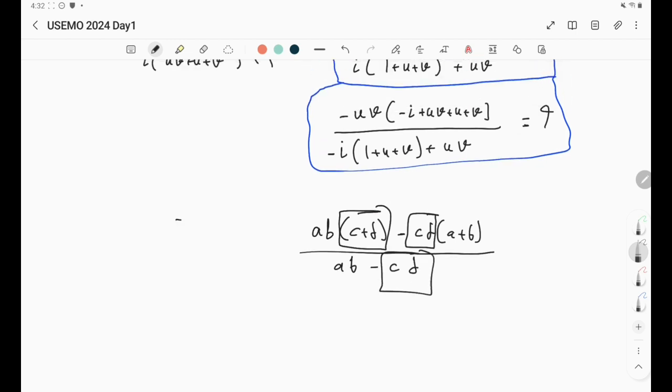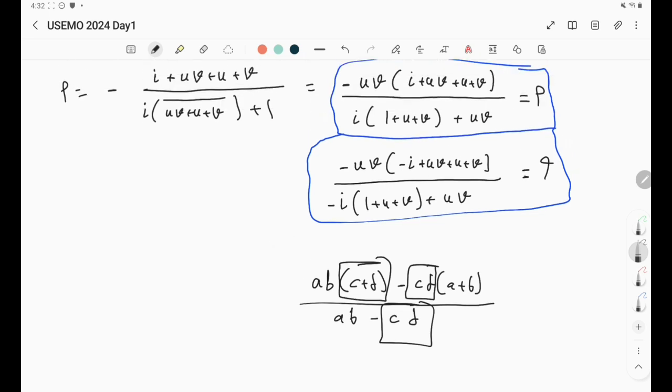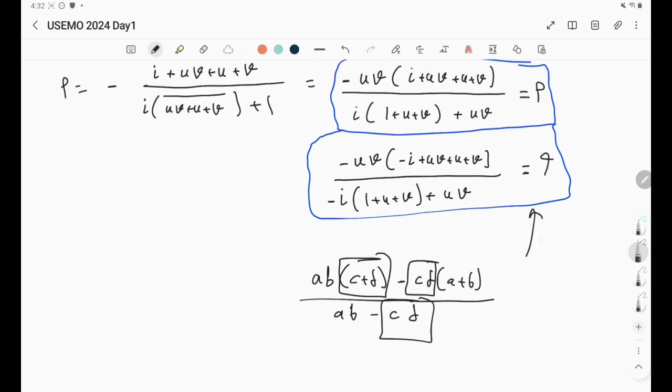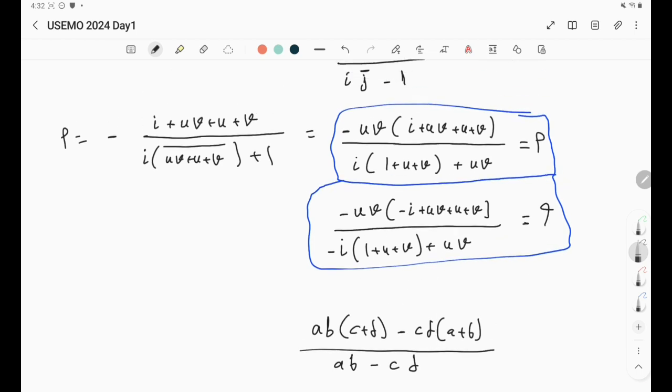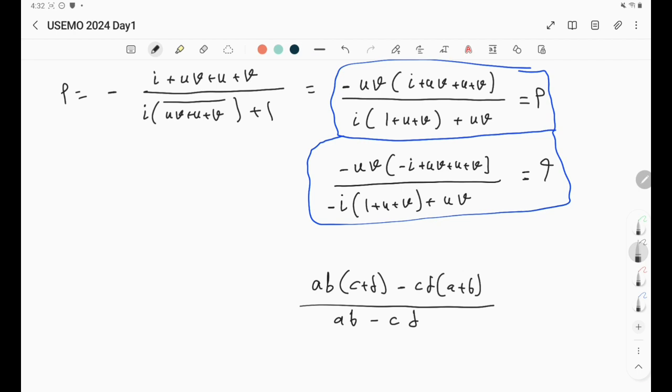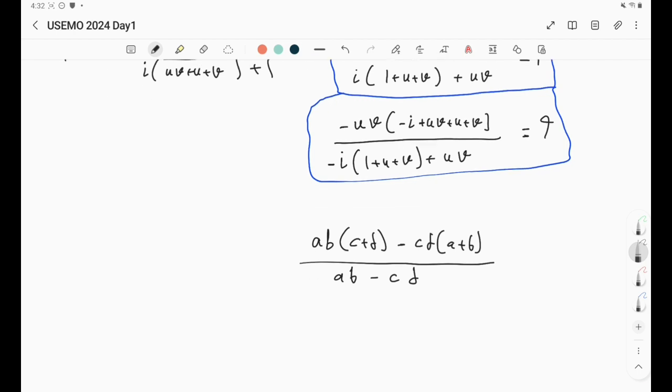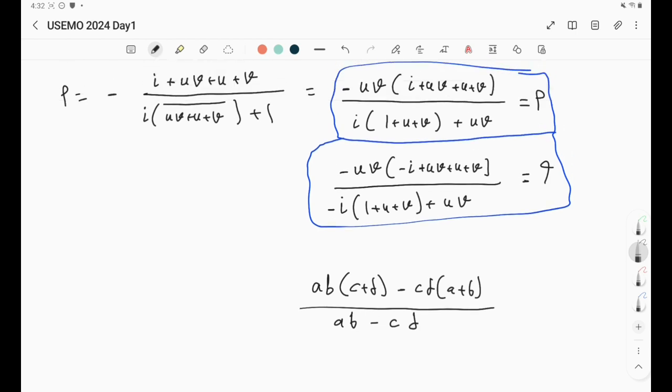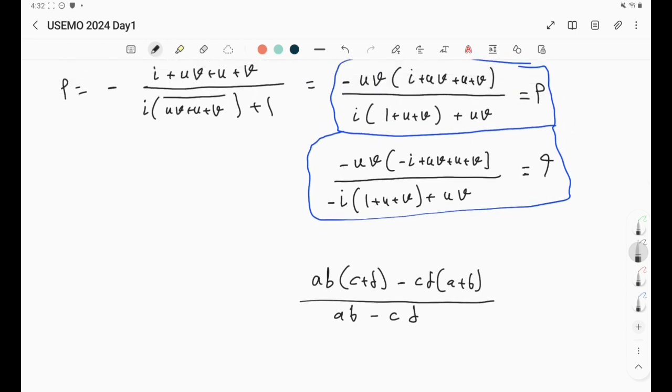So instead of immediately putting everything there and having a very ugly thing, let's do it step by step. First of all, let's find P times Q, and then let's find P plus Q. Hopefully this will be more organized and less likely to lead to a calculation mistake or some mess up, and it will make our life much easier to catch a mistake if we made one.